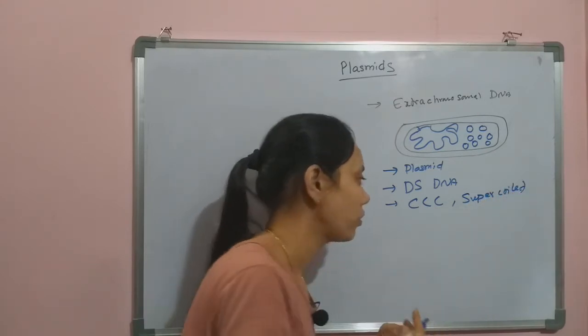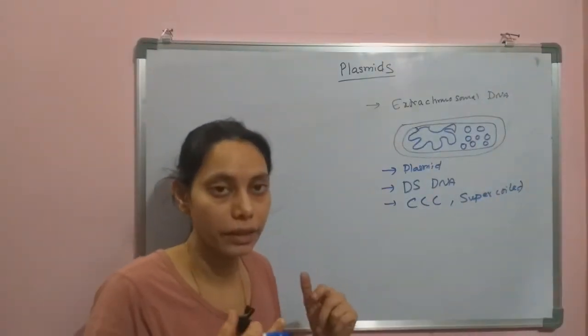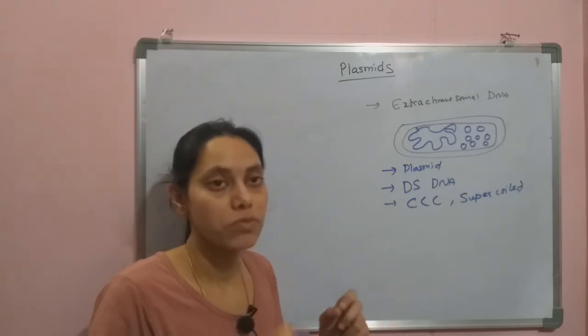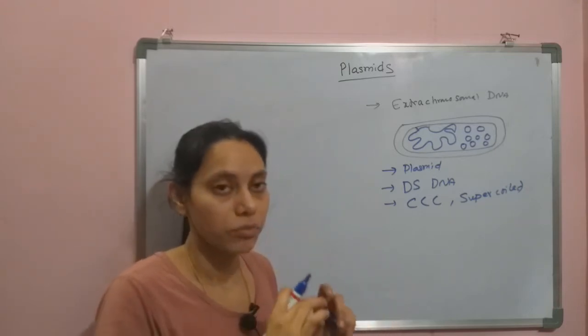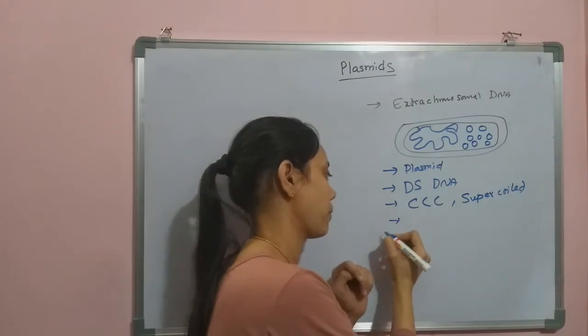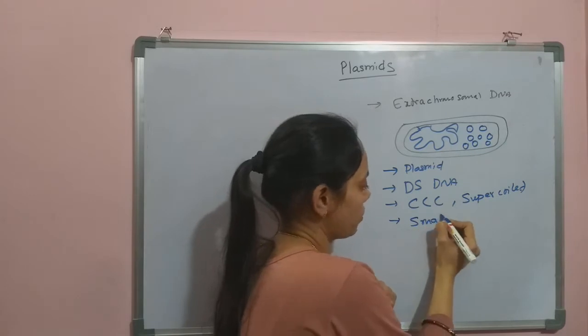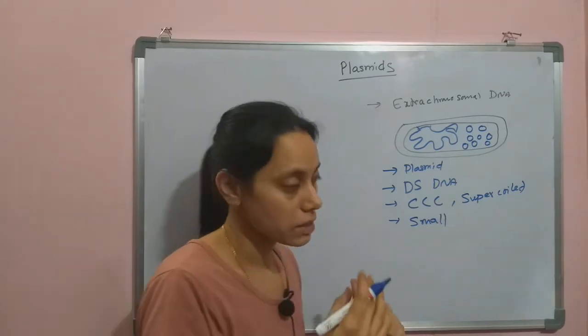So what is a covalently closed circle? That means we cannot linearize these plasmids because we cannot find any end, it is totally circular, and these are very small. The major difference is that these are very small.